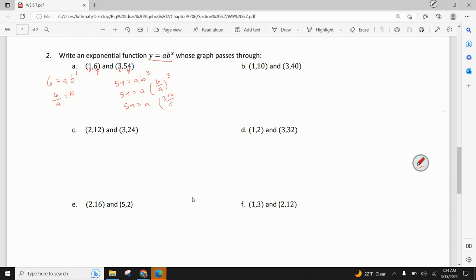So I have 216 over a cubed. Divide off some of that. So now we'll be at 54 equals 216 over a squared. I'll multiply it over, 54a squared equals 216. Divide off 54 and get 4. And then be able to tell you a equals plus or minus 2.